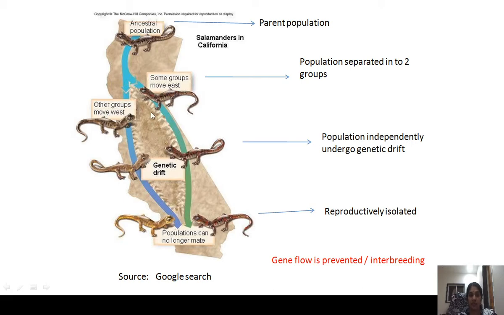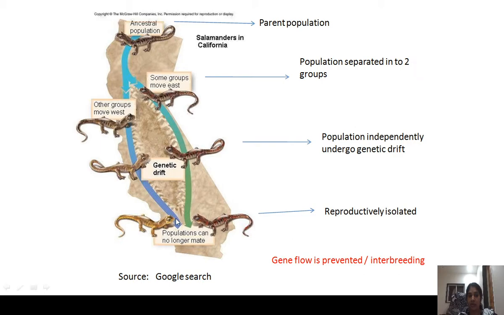This area indicates the geographical area. This population independently undergoes genetic drift. So what is genetic drift? Genetic drift is nothing but a small sudden change in a small population.